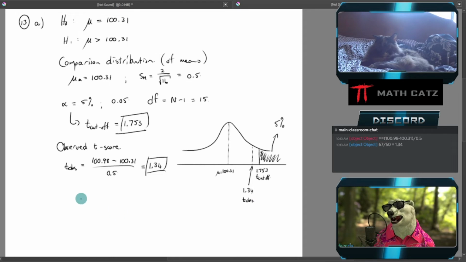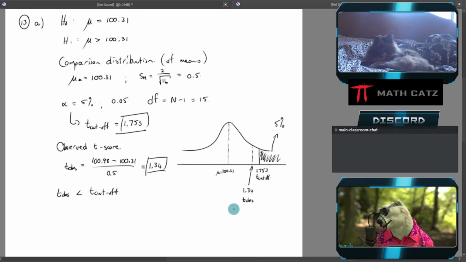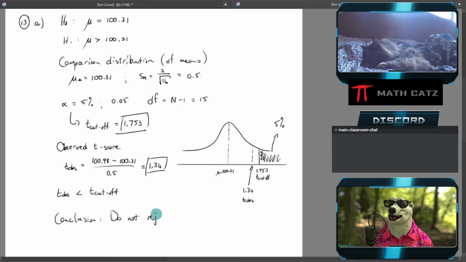So we see that our t observed is in this case less than the cutoff, and therefore we interpret the sample as not providing strong enough evidence to suggest that our null hypothesis is not true, and our conclusion therefore is to not reject the null hypothesis.